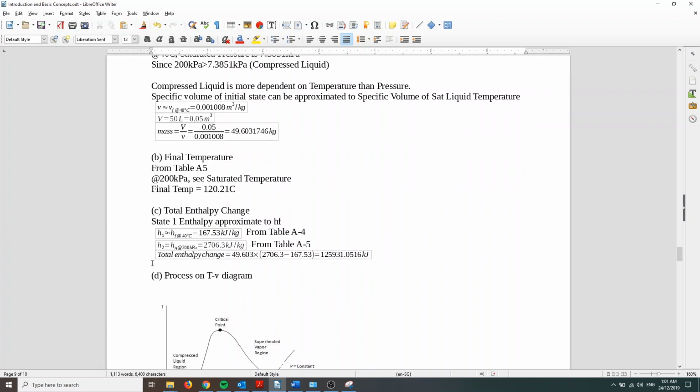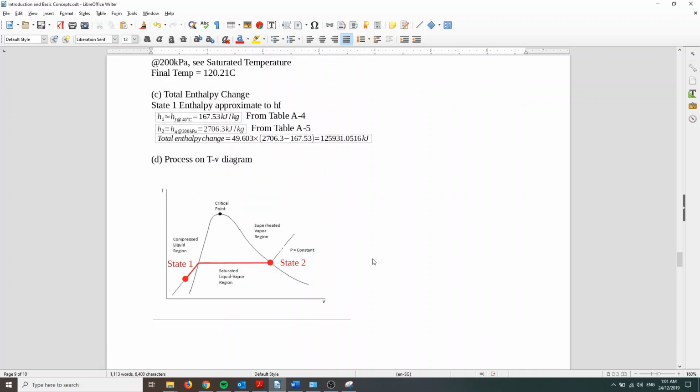So state 1 you can approximate, then state 2 you can easily find from table A5. So what's the total enthalpy change? We just use state 2 minus state 1, times the mass of this liquid, and then you can find the total enthalpy change in kilojoules.